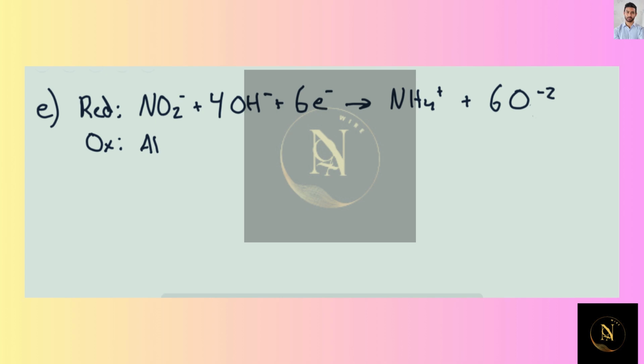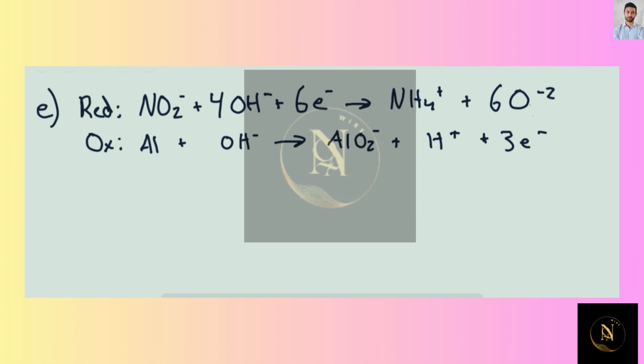So if we do the oxidation reaction, it's aluminum, again reacting with hydroxide to produce aluminum oxide plus protons plus these electrons. Now the aluminum here is going from an oxidation state of 0 to positive 3.